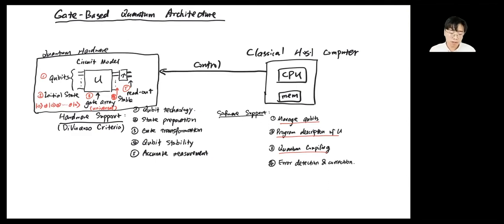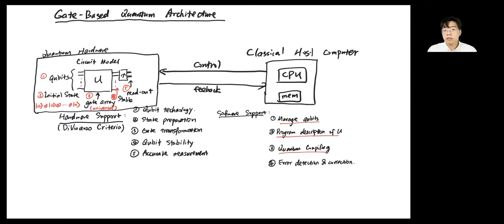And then finally, the measurement outcome from the quantum hardware will be fed back to the host computer for further processing. This is the approach that many state-of-the-art quantum computer architectures take, letting a host digital computer be responsible for all the software control.